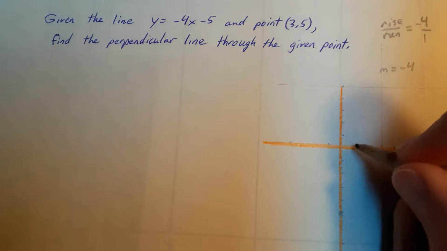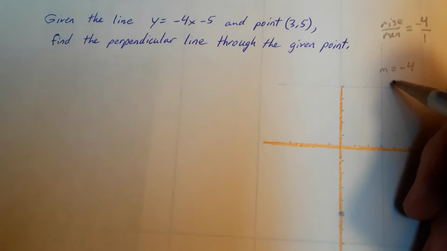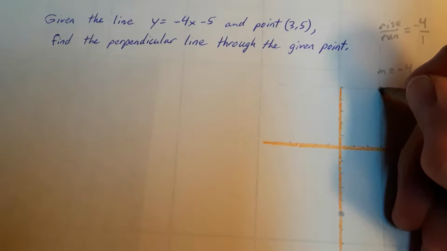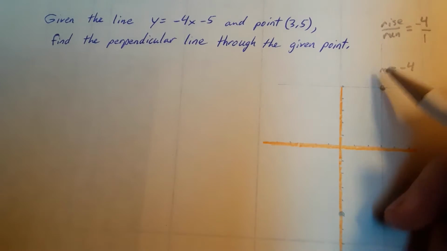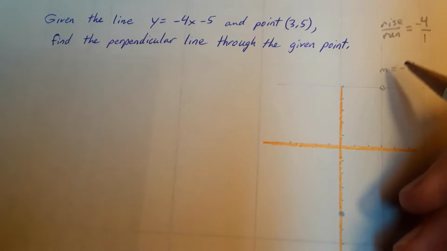Up here we're going to put in the point (3, 5), so 1, 2, 3, and then come up 5. We're going to have a point up here, and so we're going to have a line that comes through here as our perpendicular.